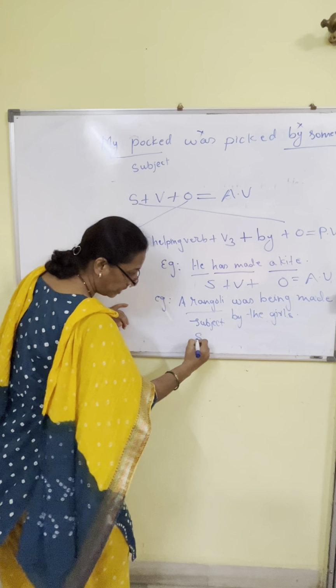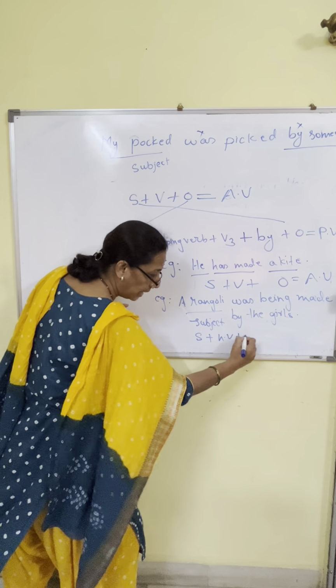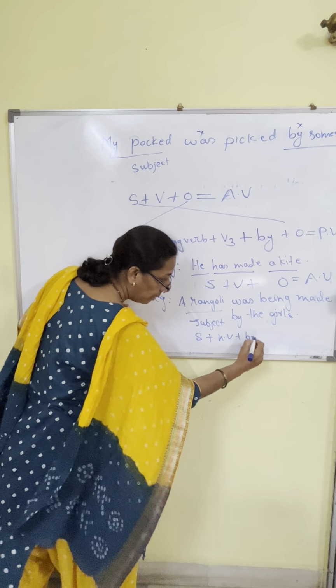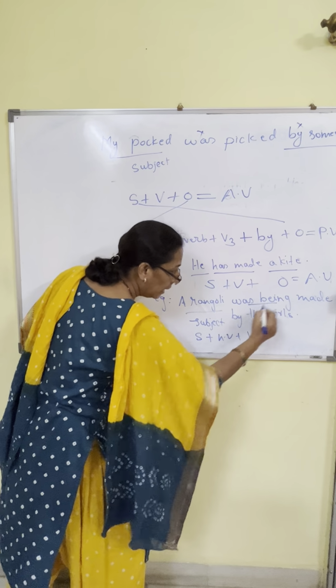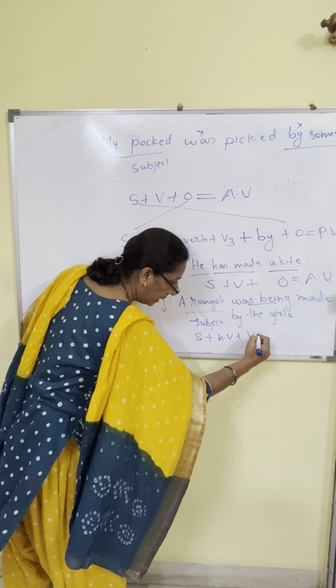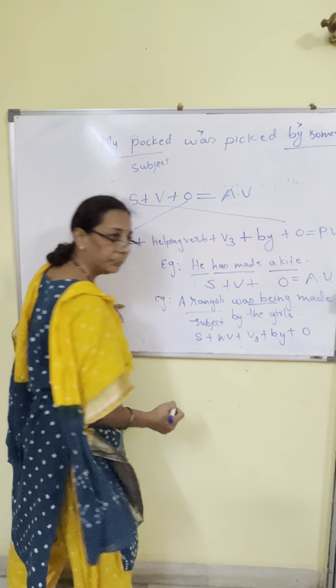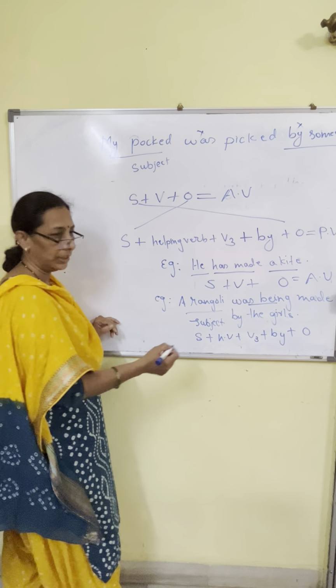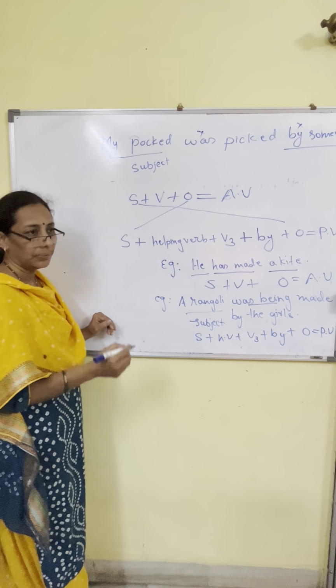Therefore, subject plus was is helping verb plus V3, here made was being given, and then here made is V3 plus by plus object. Object. Okay? Clear. Is equal to passive voice. Understood?